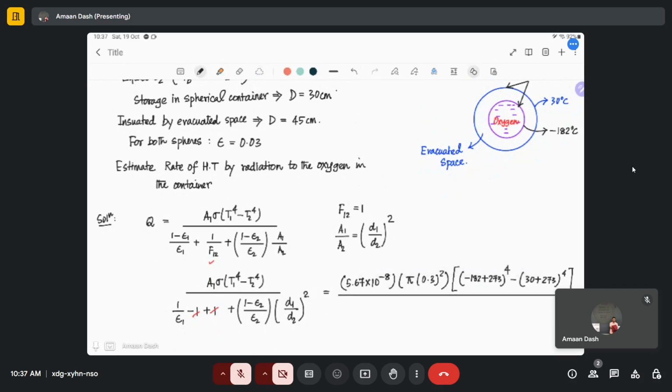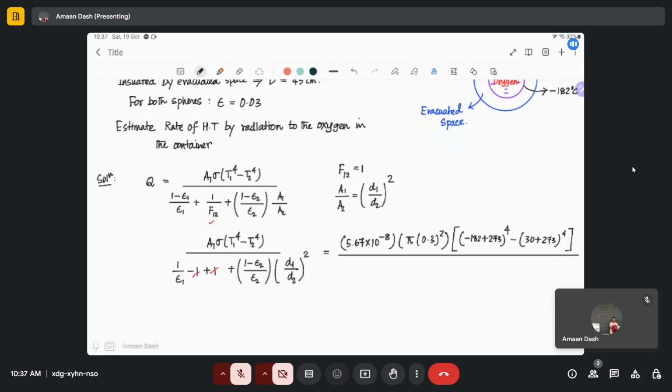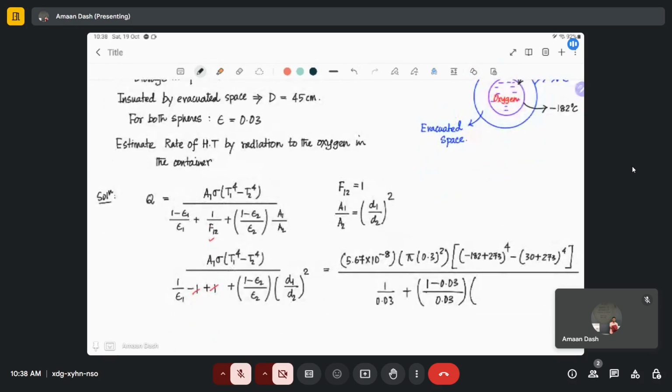Okay. And now we have 1 by epsilon, that is 1 divided by 0.03, plus we have 1 minus epsilon again. So that is 1 minus 0.03 divided by 0.03 times d1 by d2.